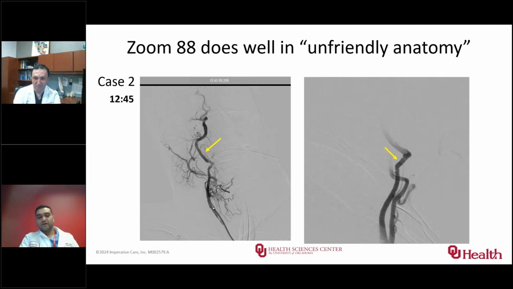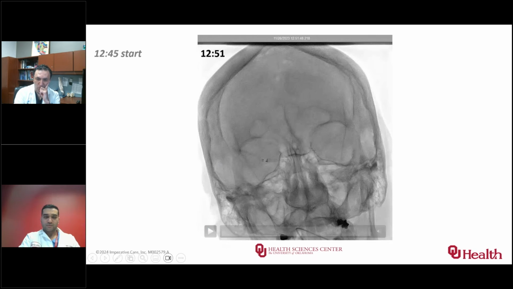So again, another thing about the Zoom 88 is that it does very well in unfriendly and tortuous anatomy. And just to redemonstrate, you have kind of an FMD picture here and stenosis, but the 88 was able to climb up through this. So again, another recanalization with the reperfusion system here. So you can see how that 88 can get all the way up to the MCA.